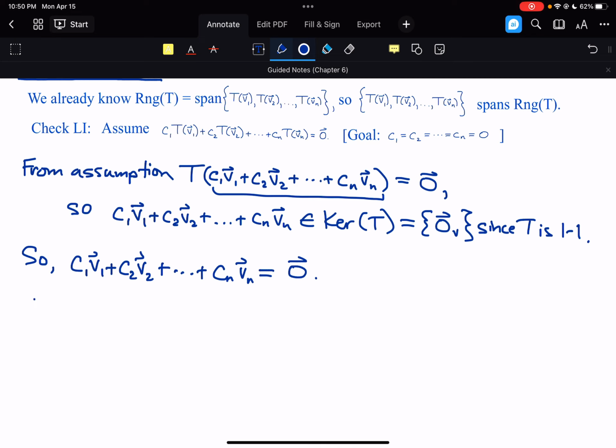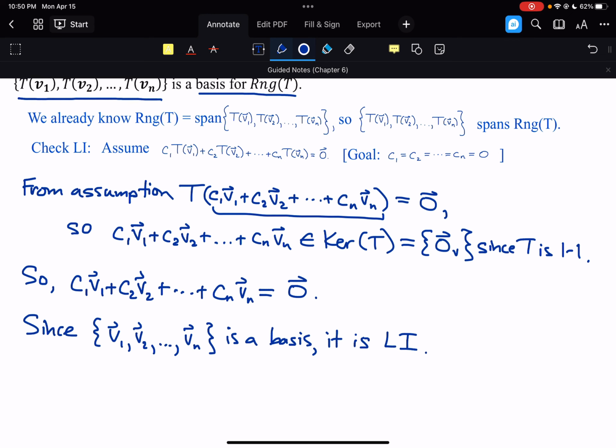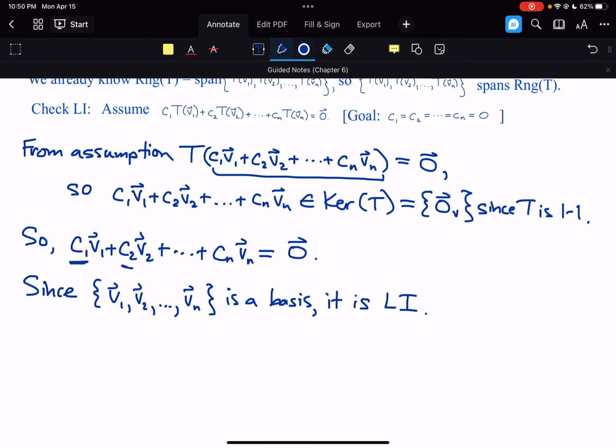Since this set of vectors, like we were saying earlier, is a basis, it is linearly independent. Since it's linearly independent, these constants, c1 through cn, must be equal to 0.